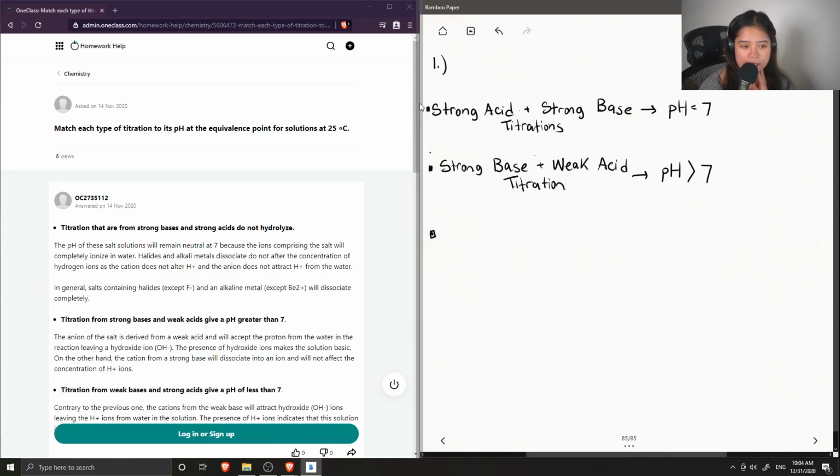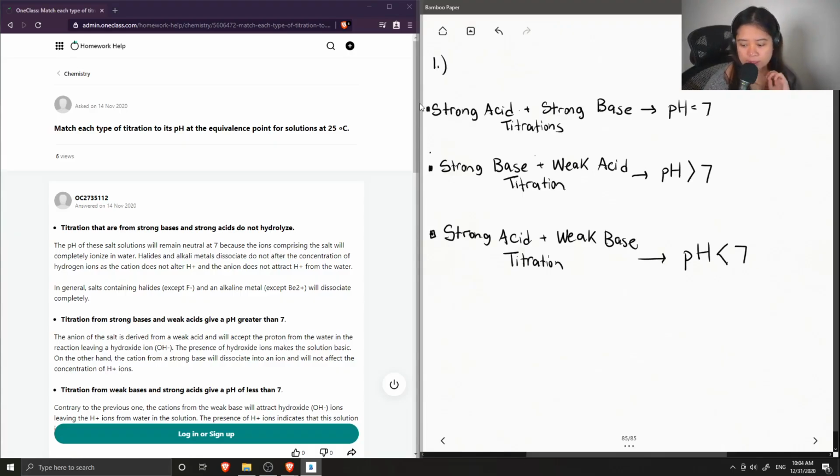And then lastly, we could then have a strong acid and weak base titration. And the equivalence point for these types of titrations will be less than 7.